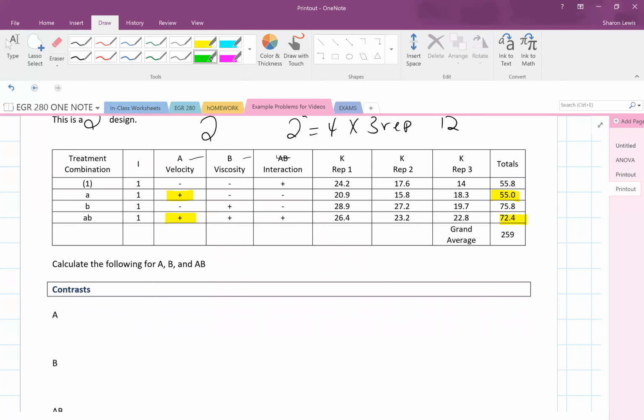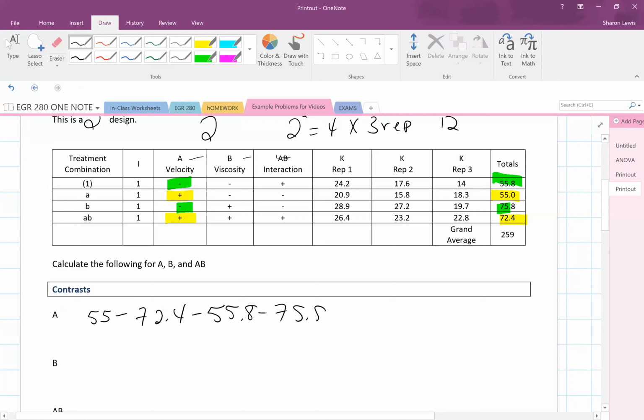So those are the 2 totals where A was high, and these are the totals where A was low. Remember, for a contrast, I'm going to take the highs minus the lows. So I can start off with 55 plus 72.4 minus the lows, 55.8 minus 75.8, and that is equal to negative 4.2.